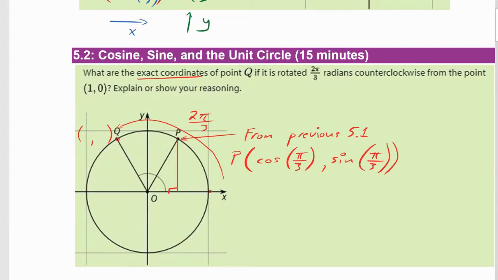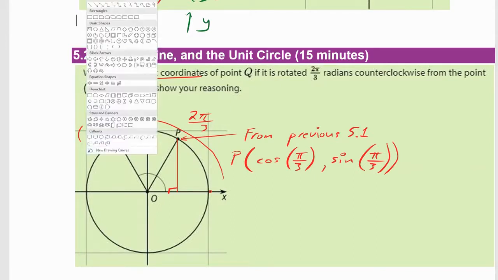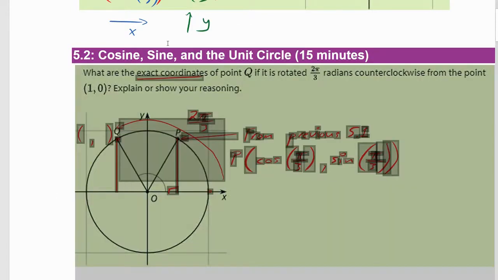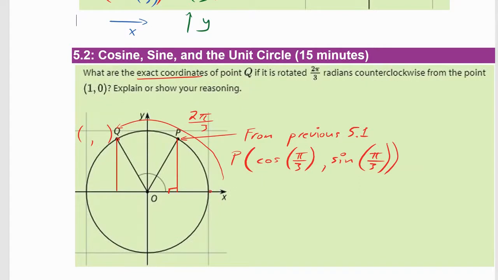And if you notice, let's get another line going. You'll realize you also have another right triangle right there for Q this time.